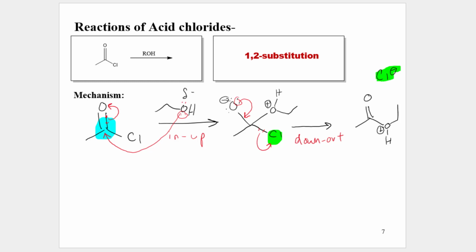You could argue, hey, why doesn't the chlorine grab the hydrogen? Why is it more likely that the alcohol grabs the hydrogen? Well, if you think about it, in this workup, either way you look at it, you're going to generate this new system.